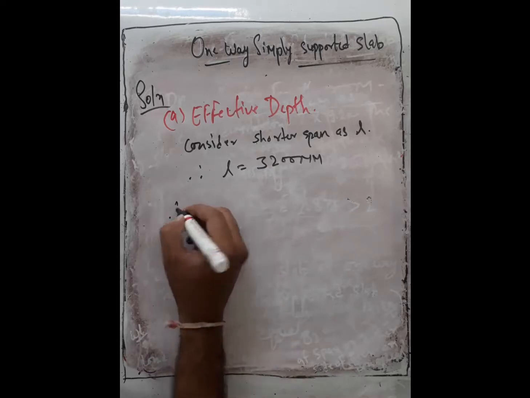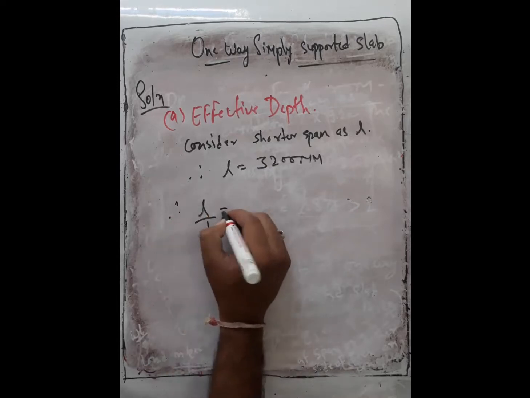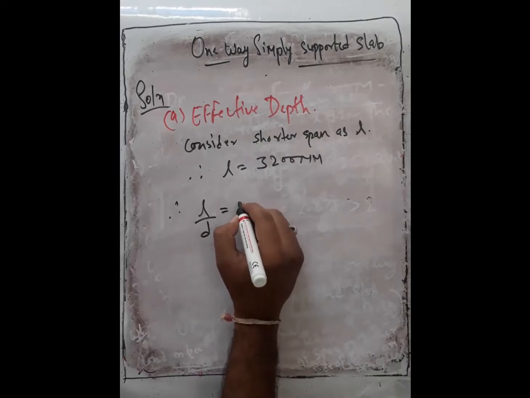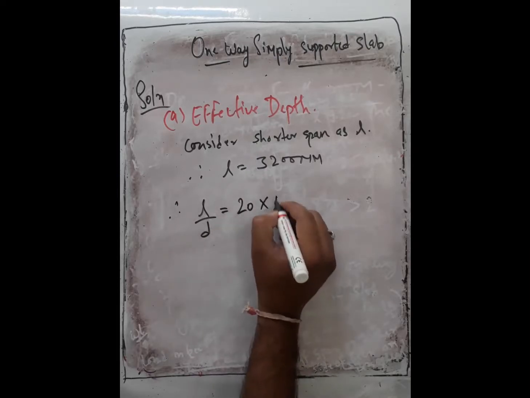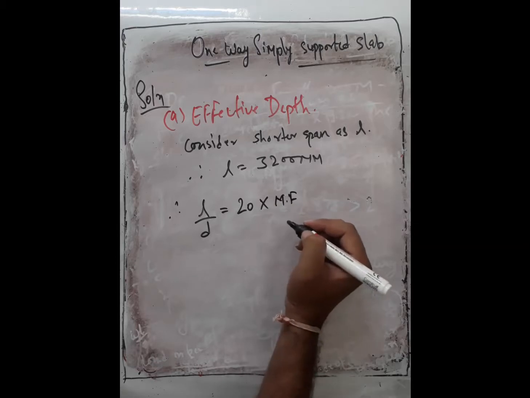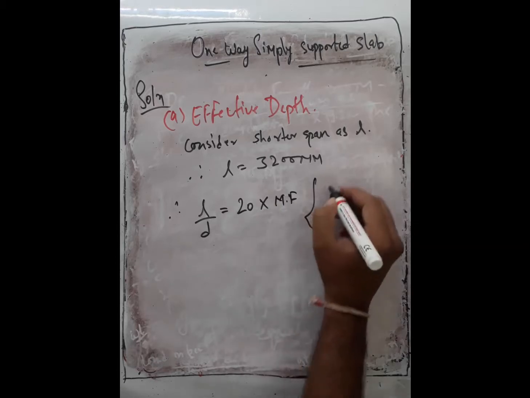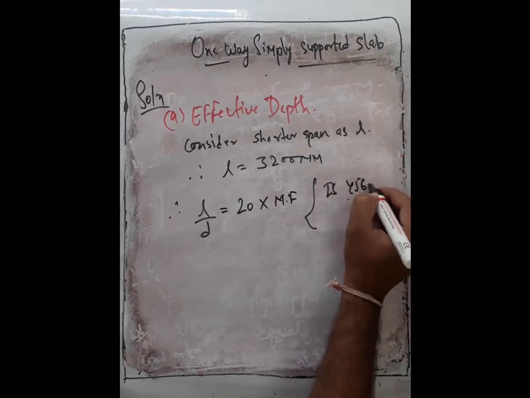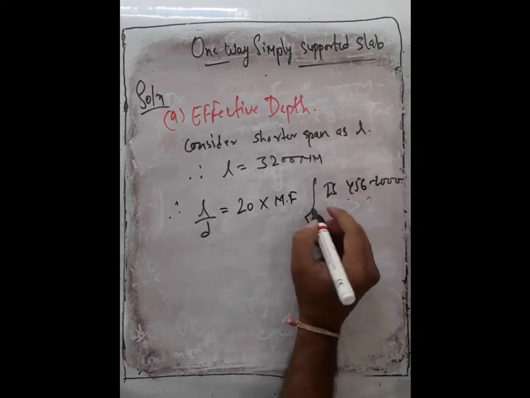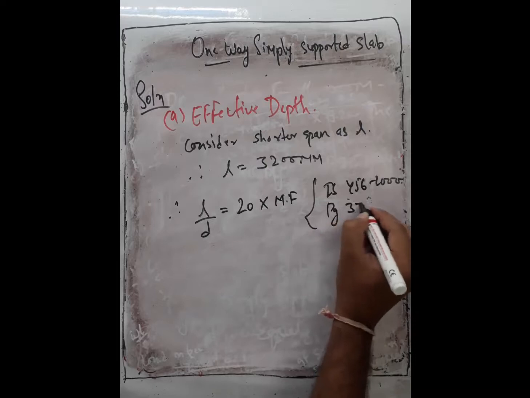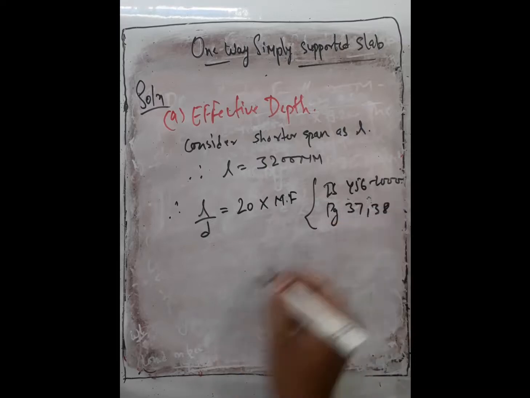Okay, so we have to take the L by D ratio. The L by D ratio for the simply supported case is 20, and we have to multiply it with the modification factor. This part we already discussed in our previous lecture, and this is given in IS 456 2000 page number 37 and 38.